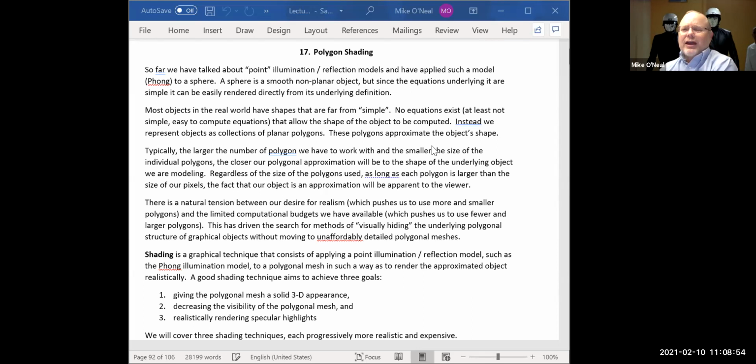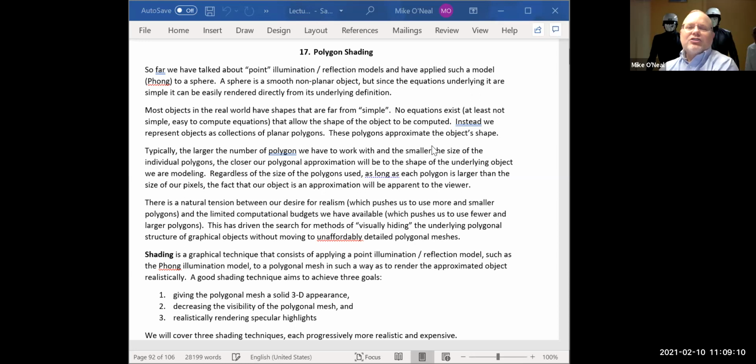But in reality, 99 point something percent of the time, we're dealing with polygonal objects, because in the real world, the objects we want to model are too complicated. There's no simple formula for them.